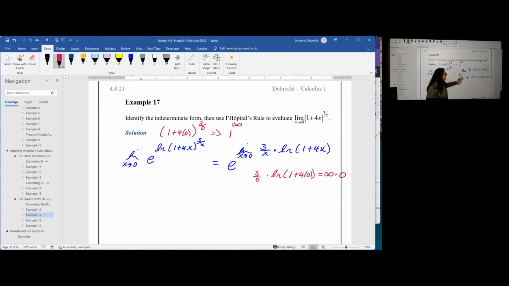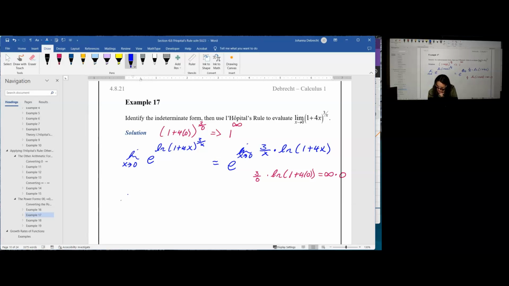In this case, because the factor is 3 over x, the simplest thing to do is simply slide the x underneath the natural log. Note that 3 is a constant, which can actually come out of the limit. Limit of a constant times the function is the constant times the limit of the function.